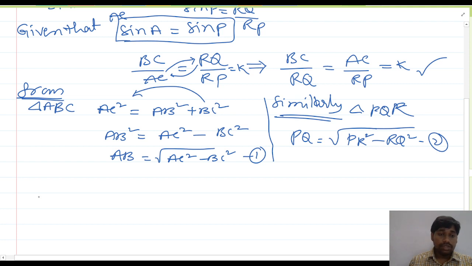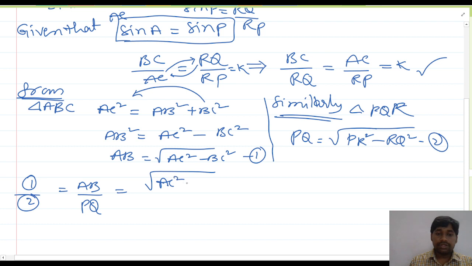So equation 1 by 2 gives AB upon PQ is equal to the square root of AC square minus BC square by the square root of PR square minus RQ square.